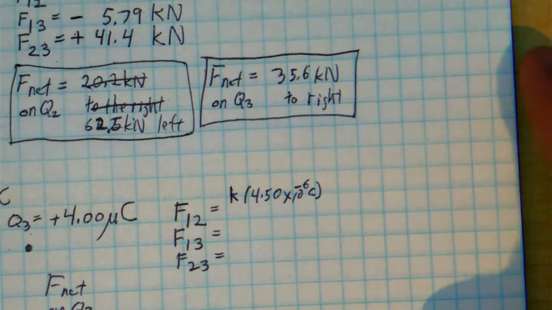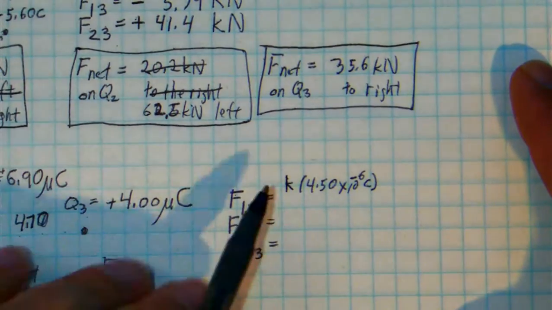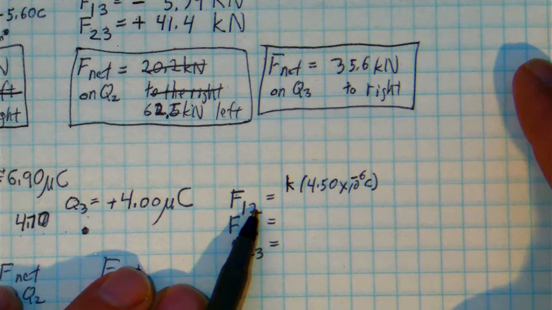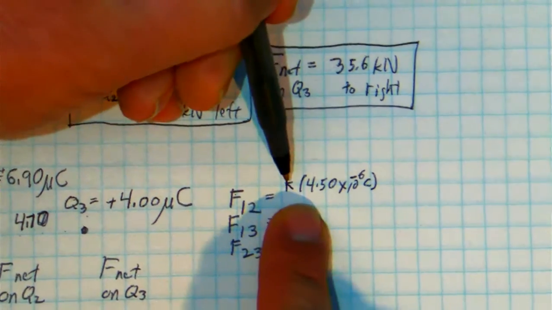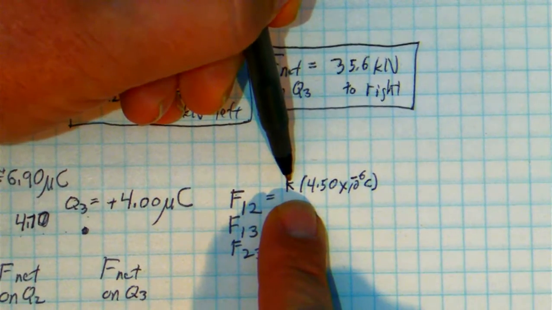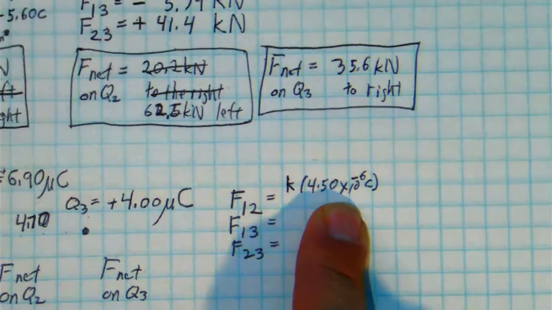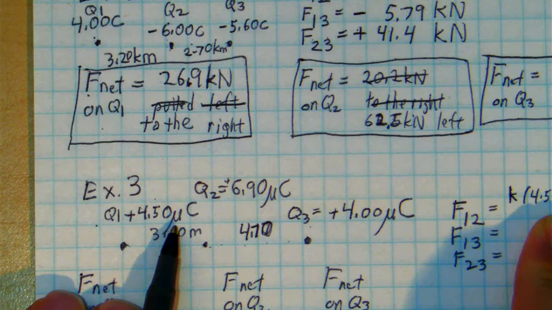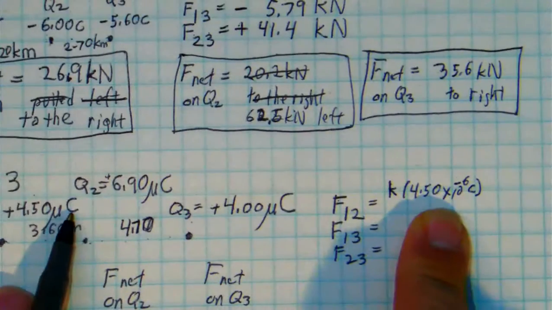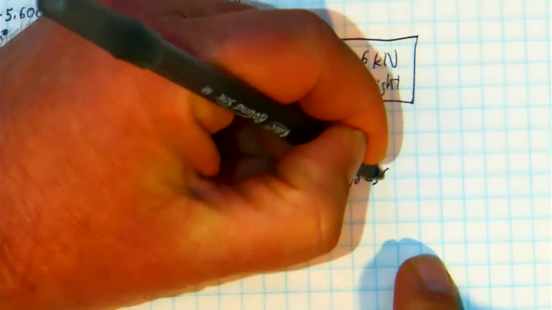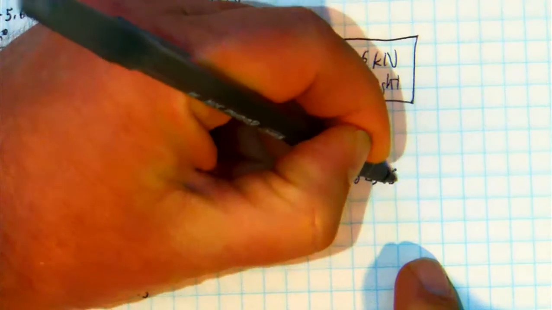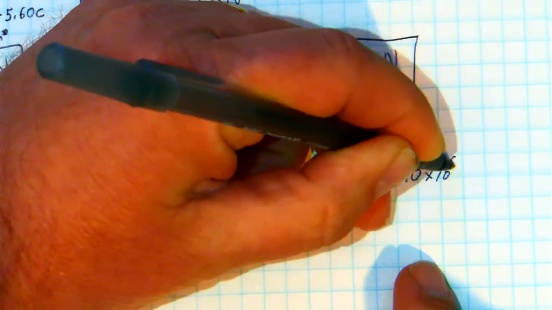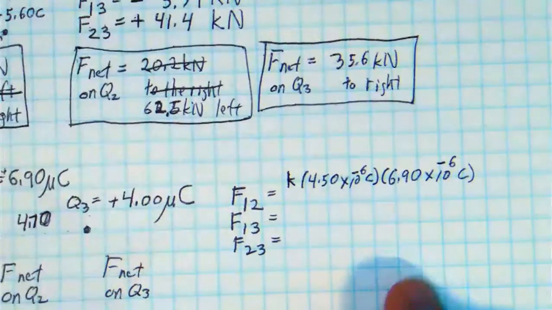Okay, trying to go over what the forces are individually. So between charge Q1 and Q2, I would type into my calculator Boltzmann's constant, lowercase k, times charge Q1, which is 4.50 times 10 to the negative 6 power coulombs, times charge Q2, which is 6.90, again, times 10 to the negative 6th power coulombs.